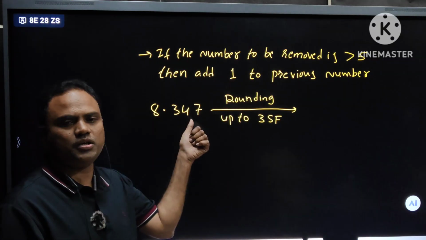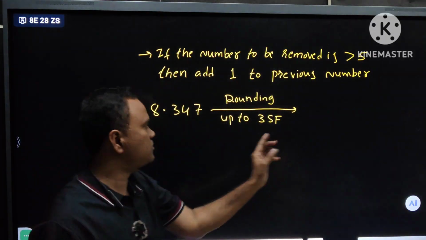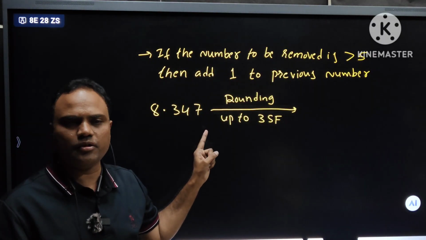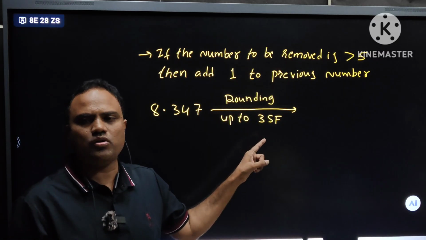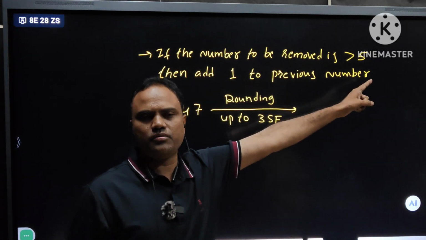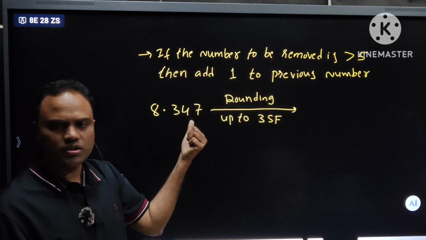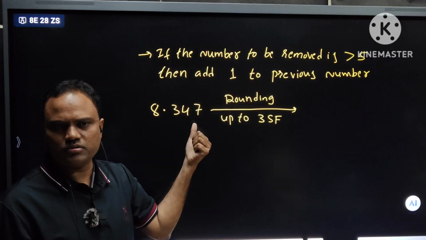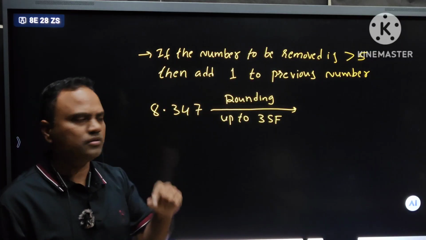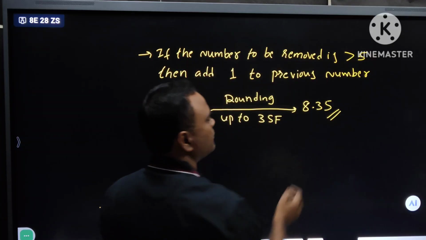The previous number here is 4, so for 4 add 1. So the answer will be 8.35.